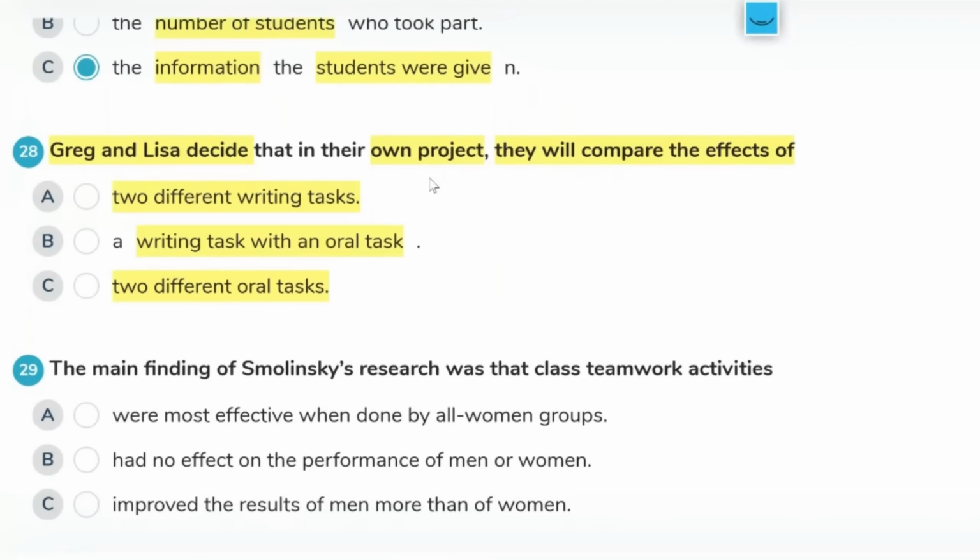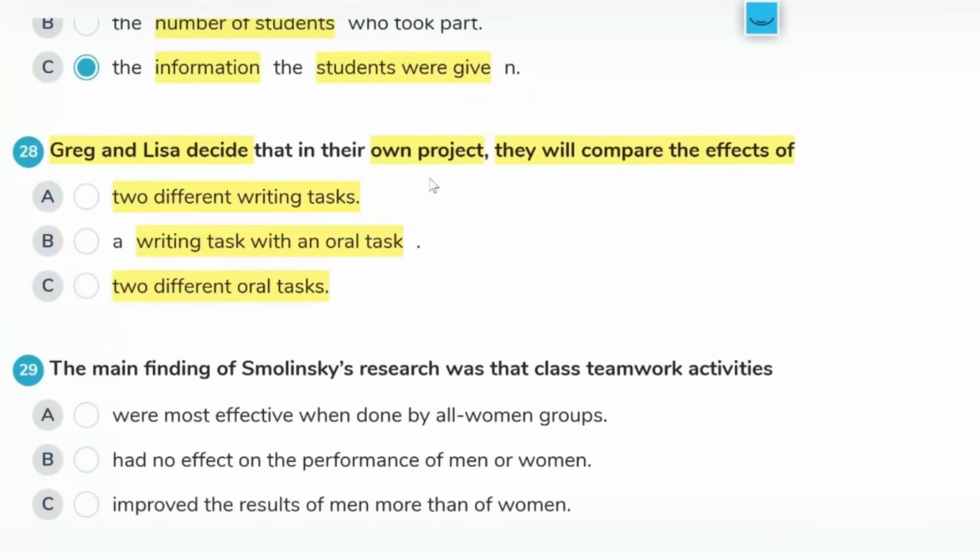Maybe, or we could have half the students doing a writing task and half doing something else, like an oral task. Or even half do the same writing task as in the original research and half do a factual writing task. Then we'd see if it really is the topic that made the difference or something else.